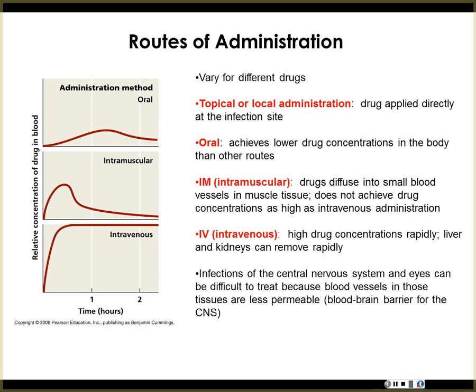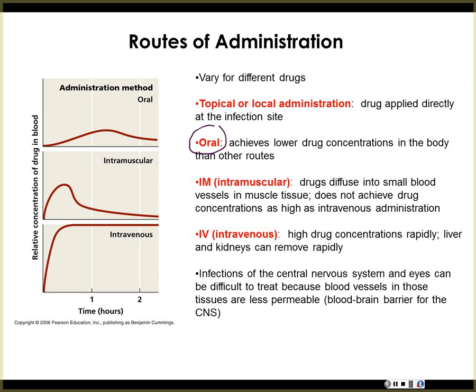Okay, routes of administration. As you know, different drugs have different routes of administration. Usually we prefer to take things orally, but that doesn't always work for some types of drugs. Some drugs will get destroyed in your stomach acid, or you can't absorb them properly through the intestinal lining. Also, the route of administration affects the level of the drug inside the body.